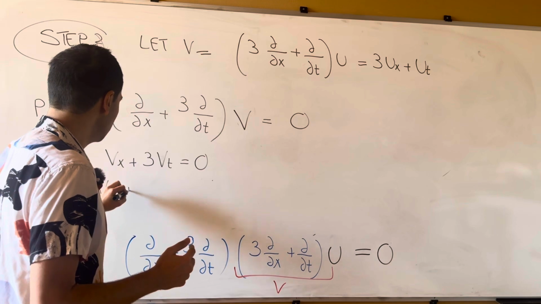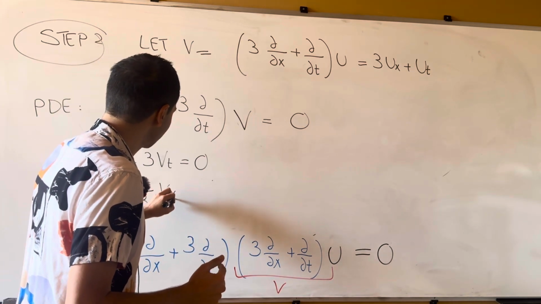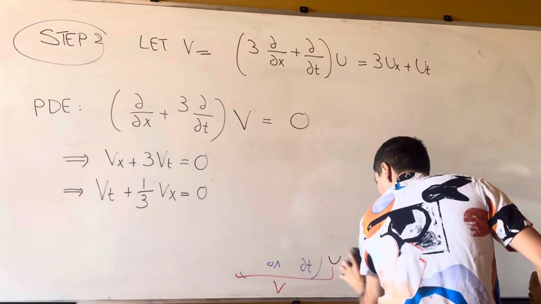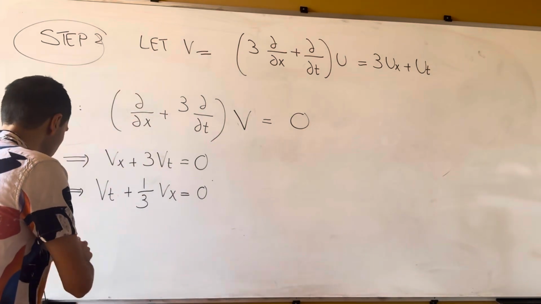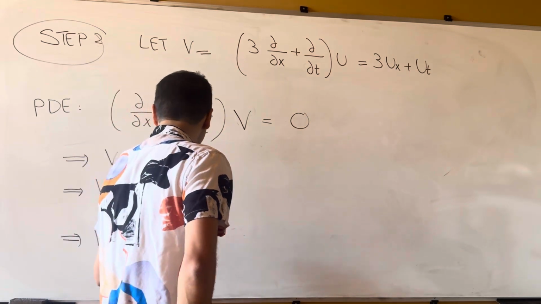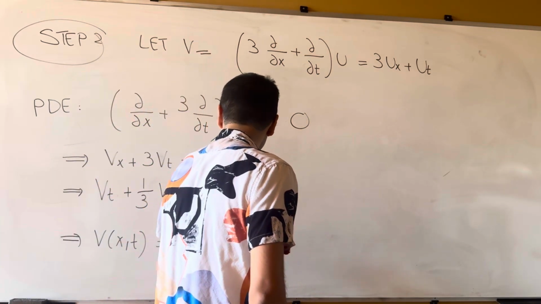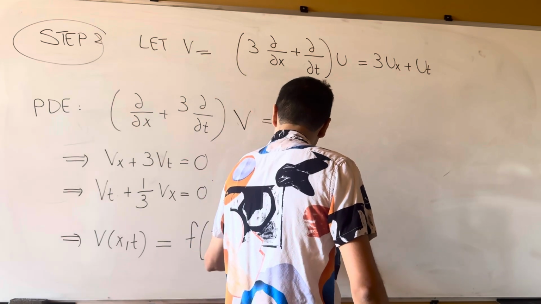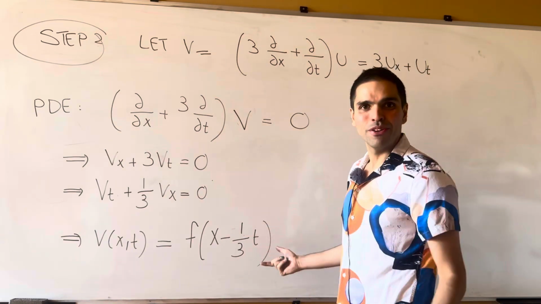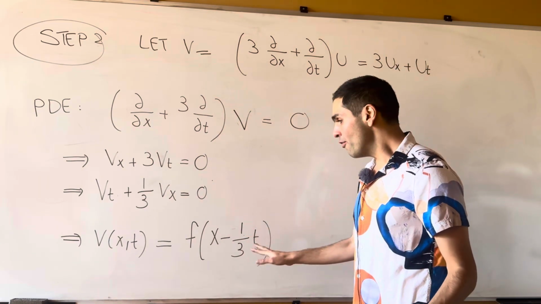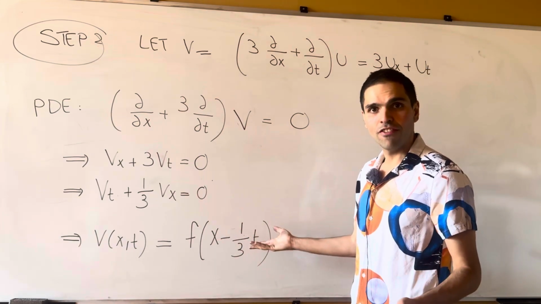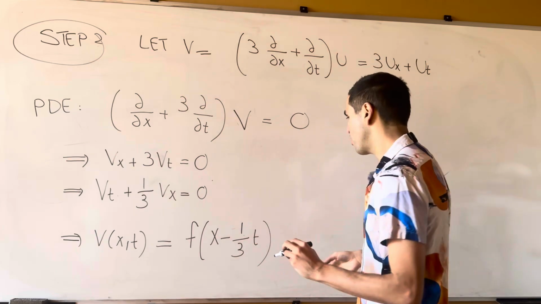So this is v_t + 1/3 v_x = 0. And so what is the solution equal to here? Well, v(x,t) in this case is any function of x minus 1/3 t. Now, it's not very pretty because it has fractions, but I would like to remind you that if f(x) is arbitrary, then so is f(3x).